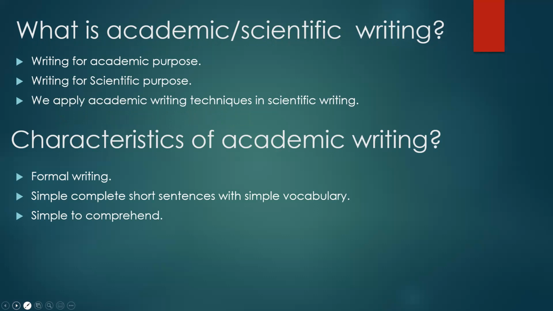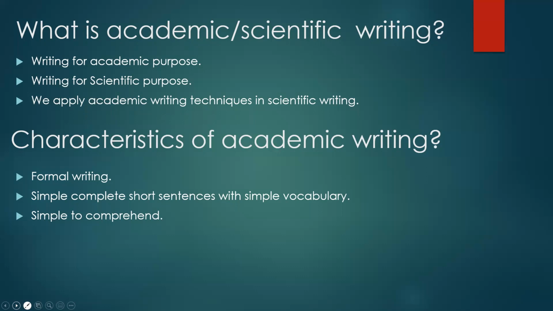What is scientific writing? Okay, academic writing is writing for academic purpose, as simple as that. It has to do with education, school, scholarly material. And writing for scientific purpose is writing a scientific piece. So you have to be in the science discipline and you are writing a scientific document.